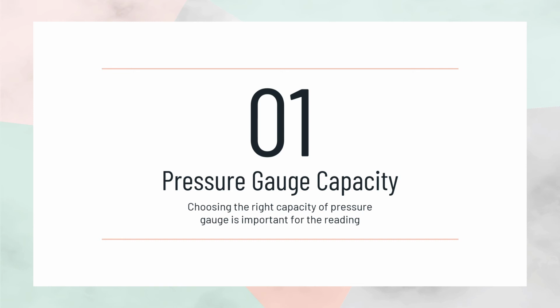We know that choosing the right capacity of pressure gauge is important for the reading, because a capacity that is too large might not measure a pressure that is too small. As an example, in our case, our capacities are 0 to 2.5 kPa and 0 to 10 kPa.